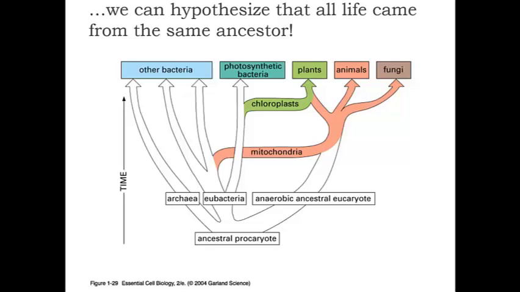Of course, as biologists, we want to understand the relationships between all living organisms. And this similar chemistry can help us to draw conclusions about the relatedness of the organisms that we know exist here on Earth today. So at the top of this figure, which is a tree of life, we see a lot of diverse organisms, from plants and animals to bacteria and photosynthetic bacteria.